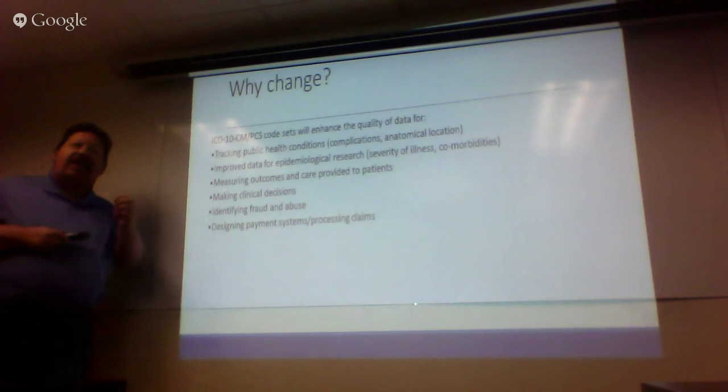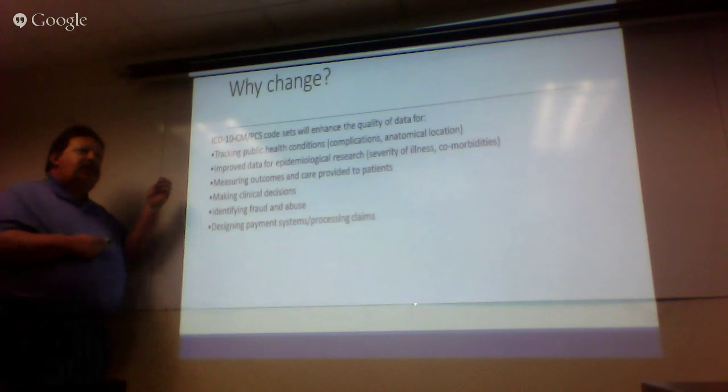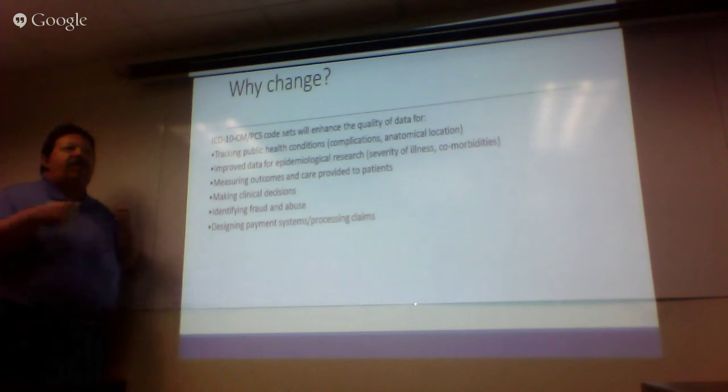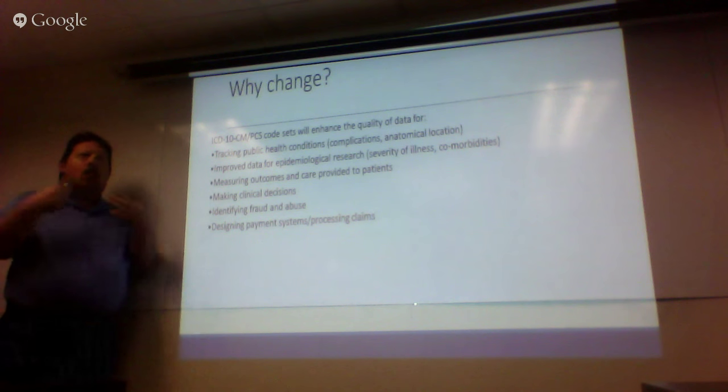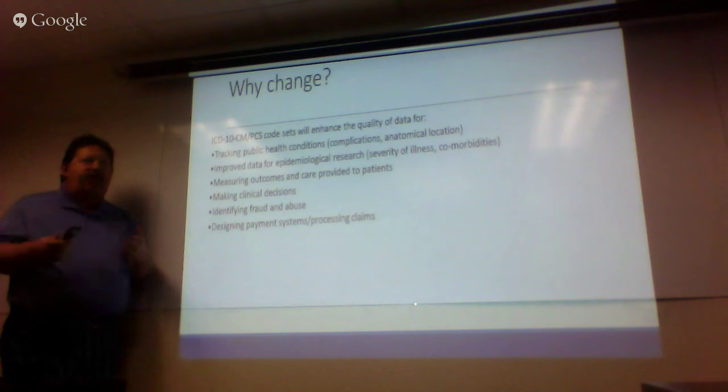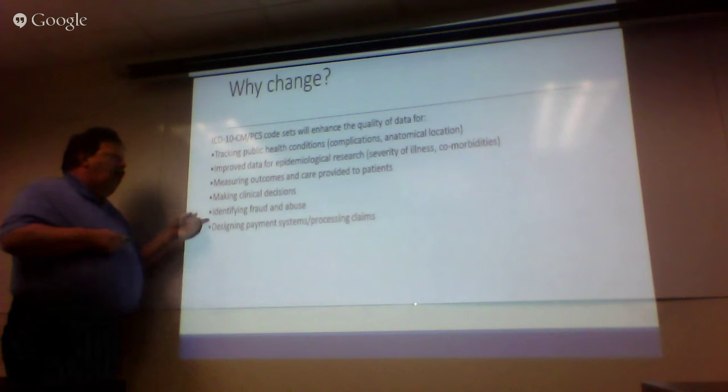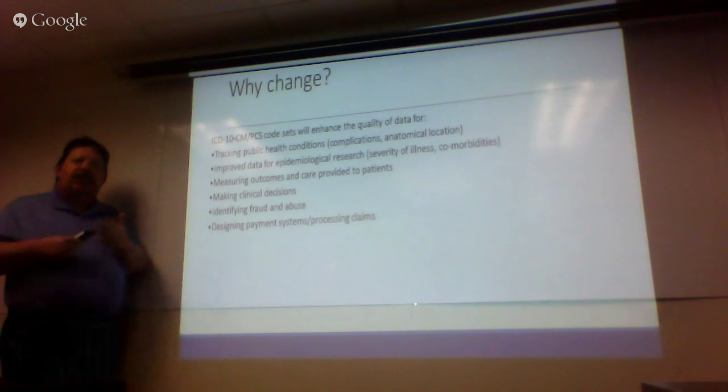Because medicine has changed, now the codes and the definitions have changed. We have the ability to expand that. Fraud and abuse is something we're all concerned with, especially with the Affordable Care Act. More accurate codes means a physician can describe what's going on more accurately.